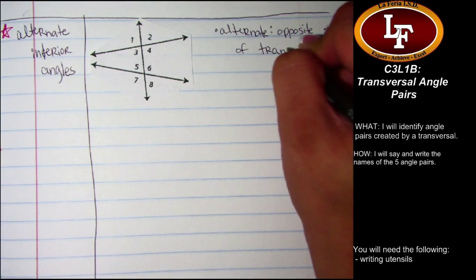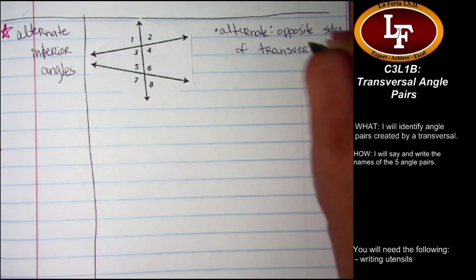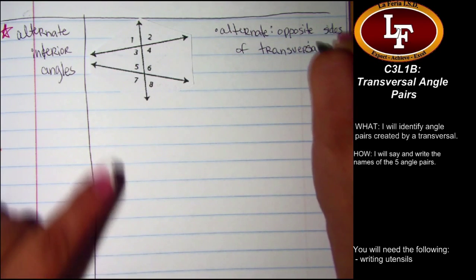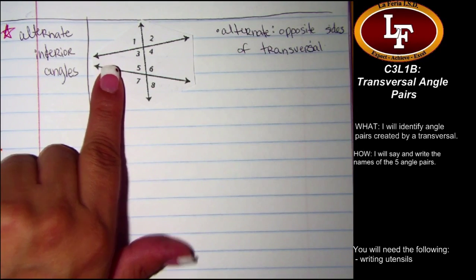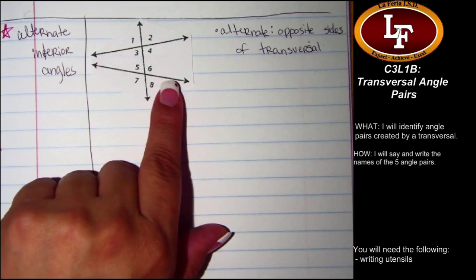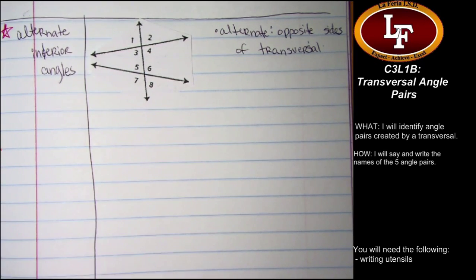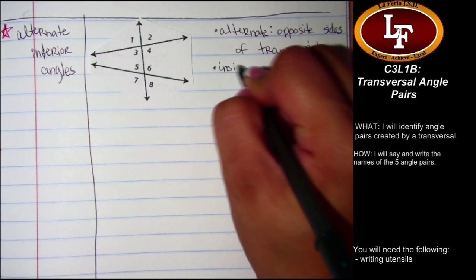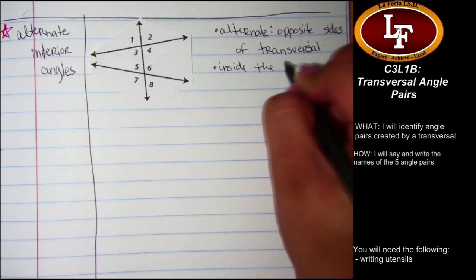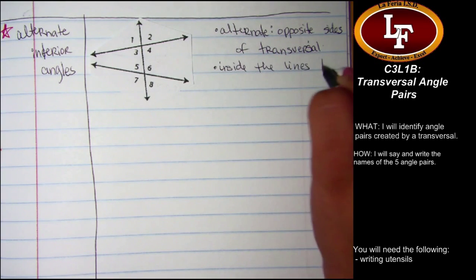So one of your alternate interior angles is going to be on this side, and the other one is going to be on the other side. Again, that word interior just means that we are going to be inside the lines that are being intersected.